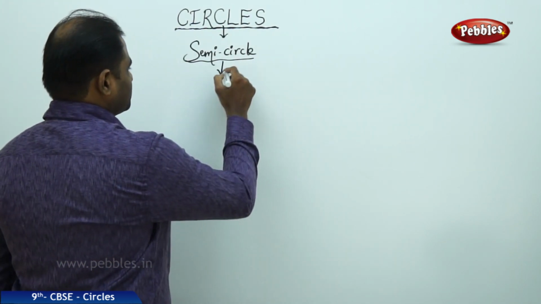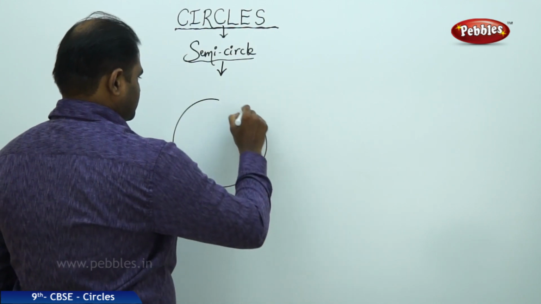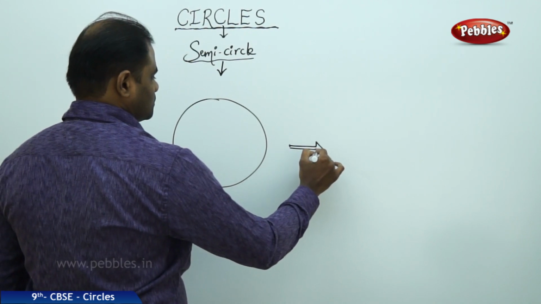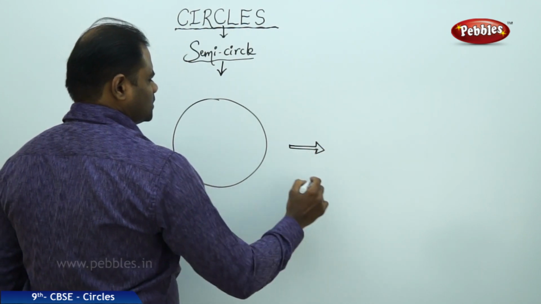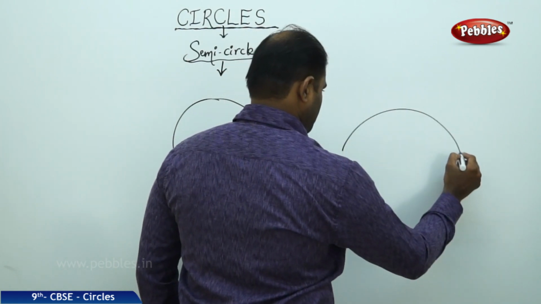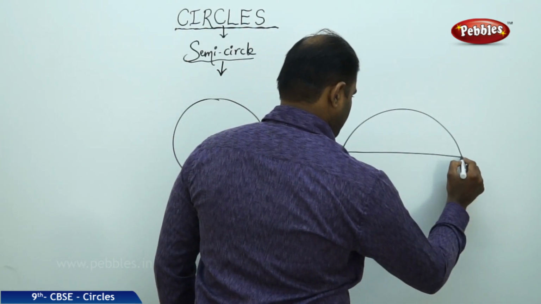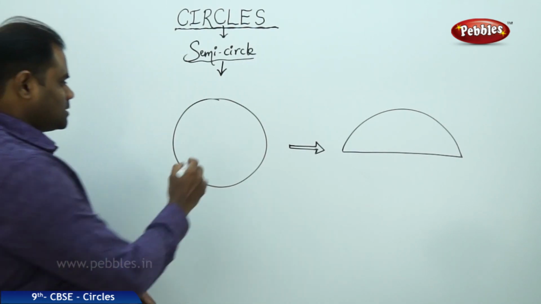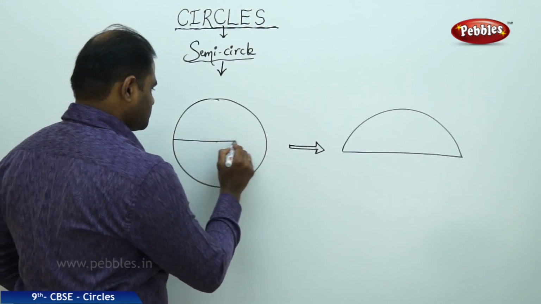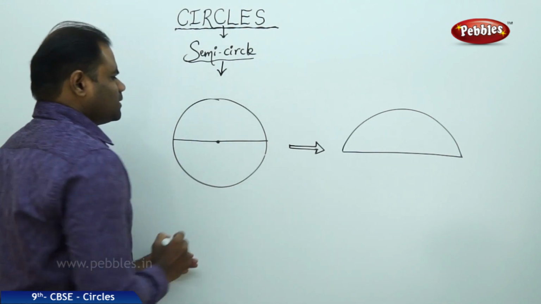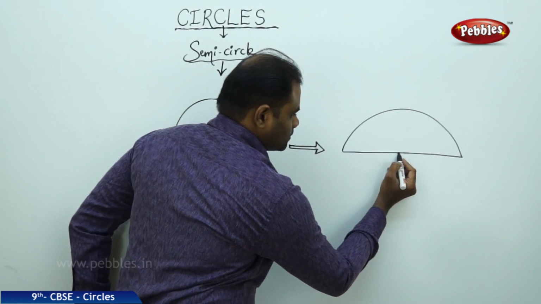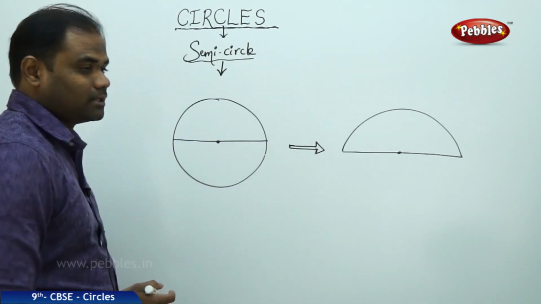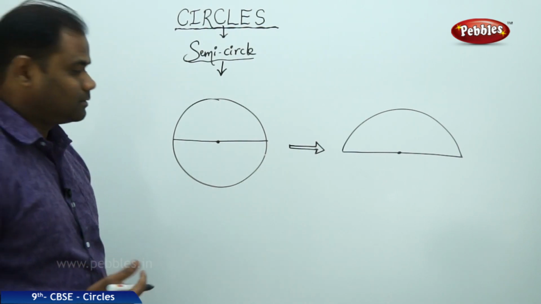Therefore, if I take a circle, then half of it is a semicircle. So clearly when I pass through the diameter, the center lies out here. If I cut the circle along the diameter, I get a semicircle, is how I understand the semicircle.